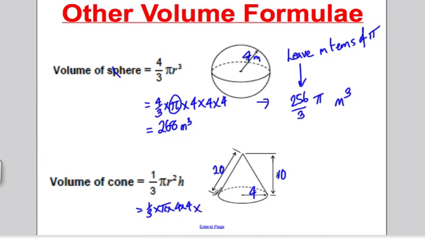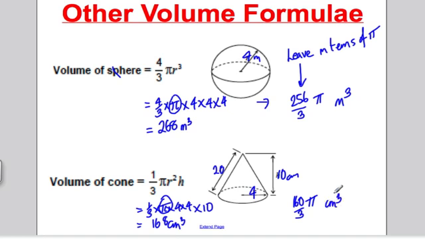Again, you could work that out as a number, and you would get 168, let's call these centimeters this time, centimeters cubed. Or if you left your answer in terms of pi, keep the pi there, multiply everything else together, you would get 160 over 3 pi centimeters cubed.